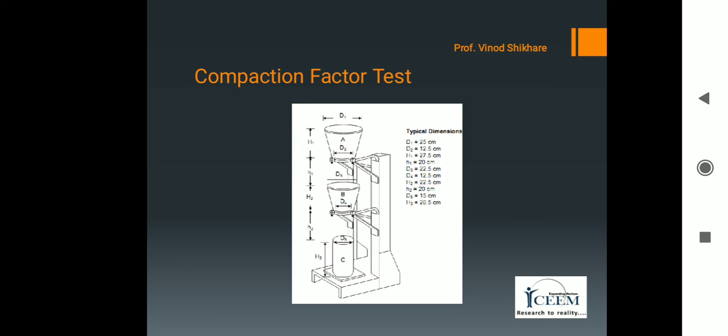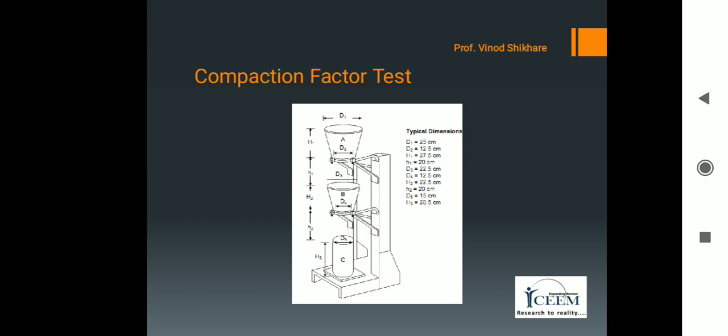The height of the hopper, S1, is 27.5 centimeter, and the height between the bottom of hopper A and the top of hopper B, that is small h1, is 20 centimeter. Then the top diameter of hopper B, D3, is 22.5 centimeter. Then the bottom diameter of hopper B, D4, is 12.5 centimeter.